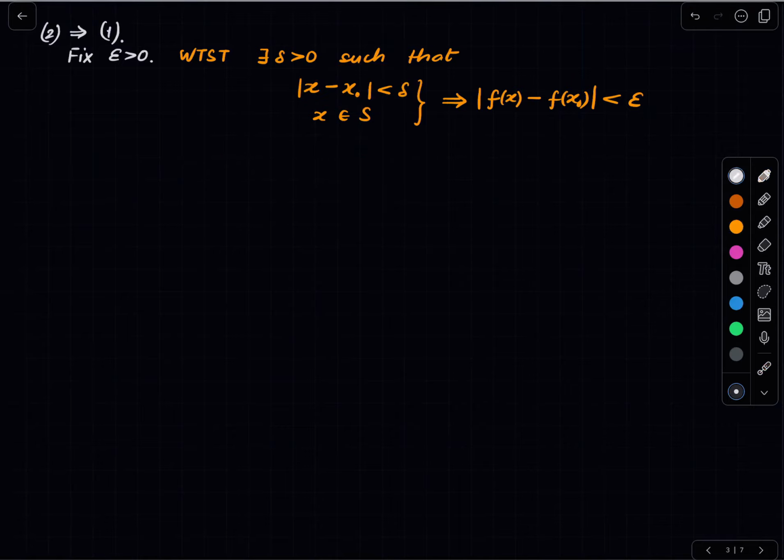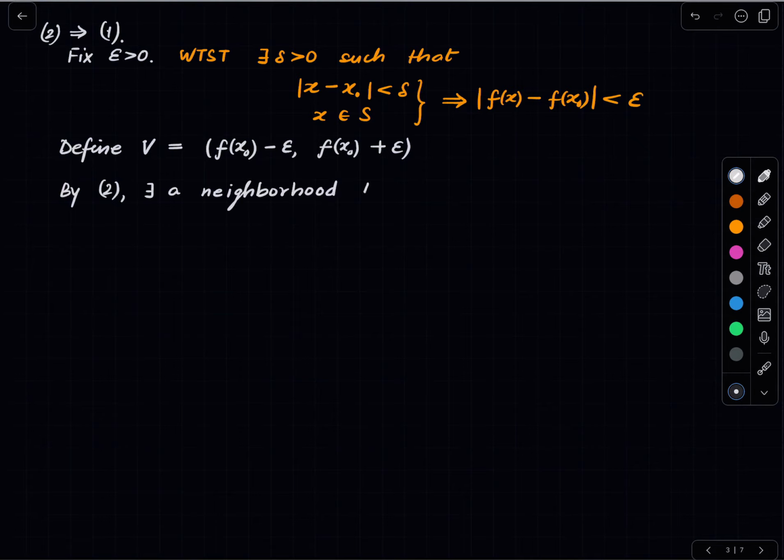Okay, so define capital V as this open interval. So this is a neighborhood of the point f(x0), and by 2 there is a neighborhood U of x0 such that this is the case.